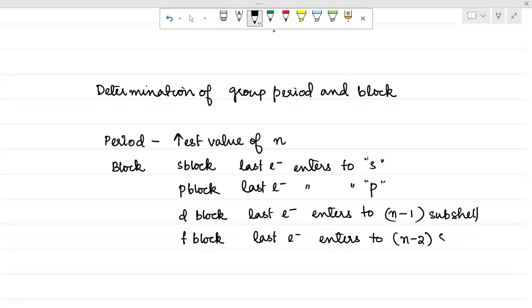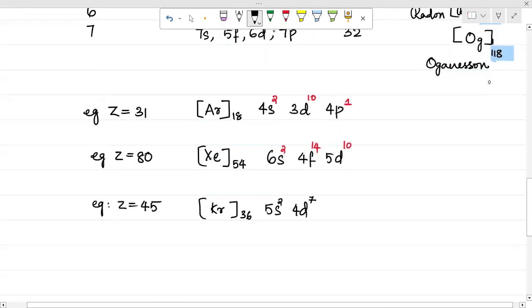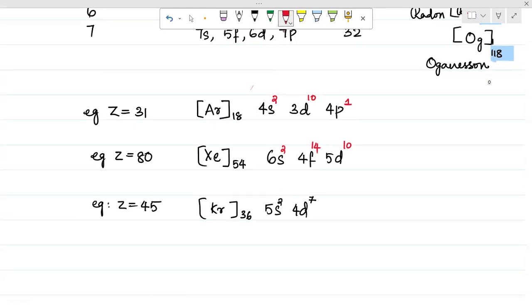Which means, let's go to our example again. Here, we can see this belongs to the 6th period because the highest number over here is 6, so the value of n is equal to 6. And if you look at the last electron, it is entering into the D subshell and hence this belongs to the D block element.